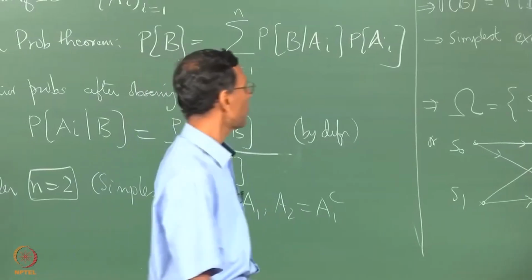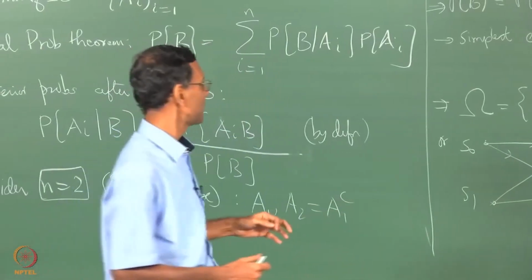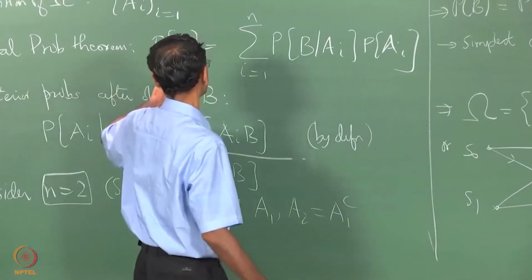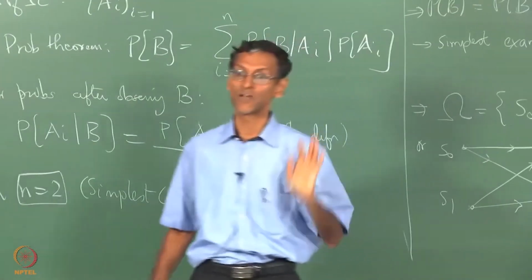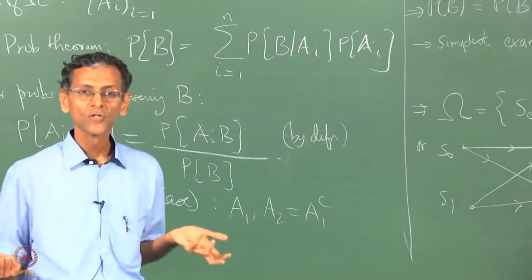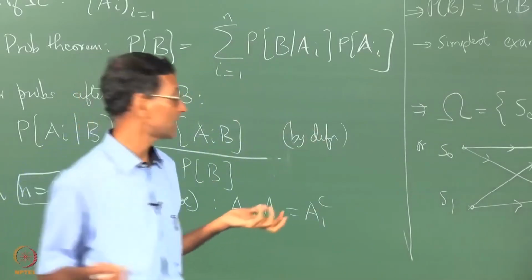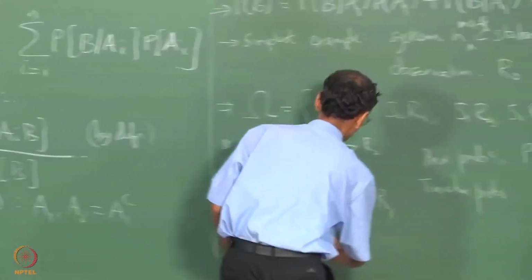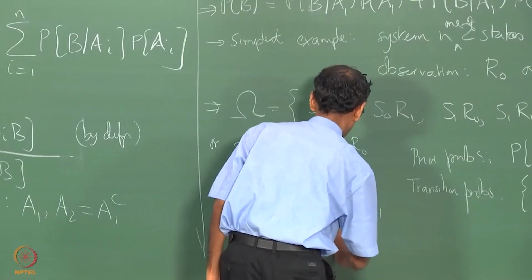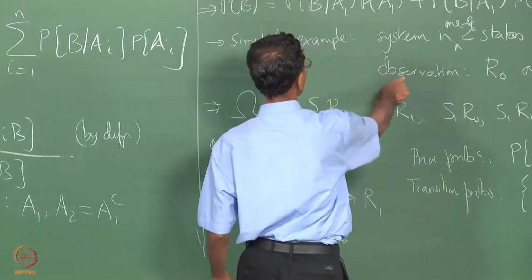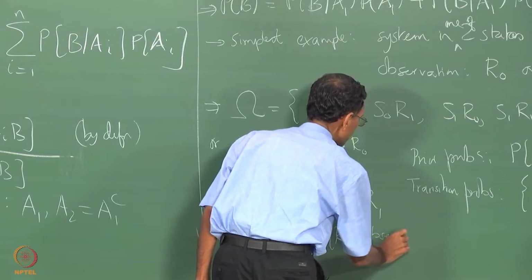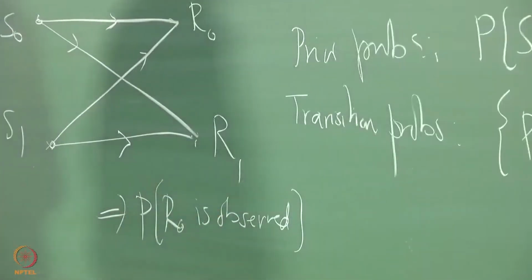So what can you now say about, for example, this B? This B would be the event that R0 is observed. So what would be the total probability of B here? It is the probability that R0 is observed; remember I said R0 is an observation, so this is an event, the observation of R0.